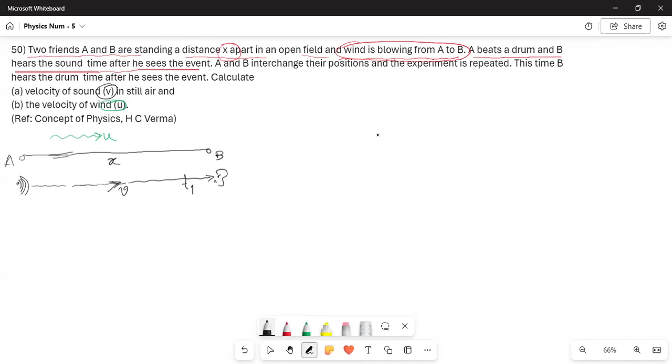And the time taken is T1 to reach a distance x. So we can easily write (V plus u) into time T1 is equal to x. Fine?